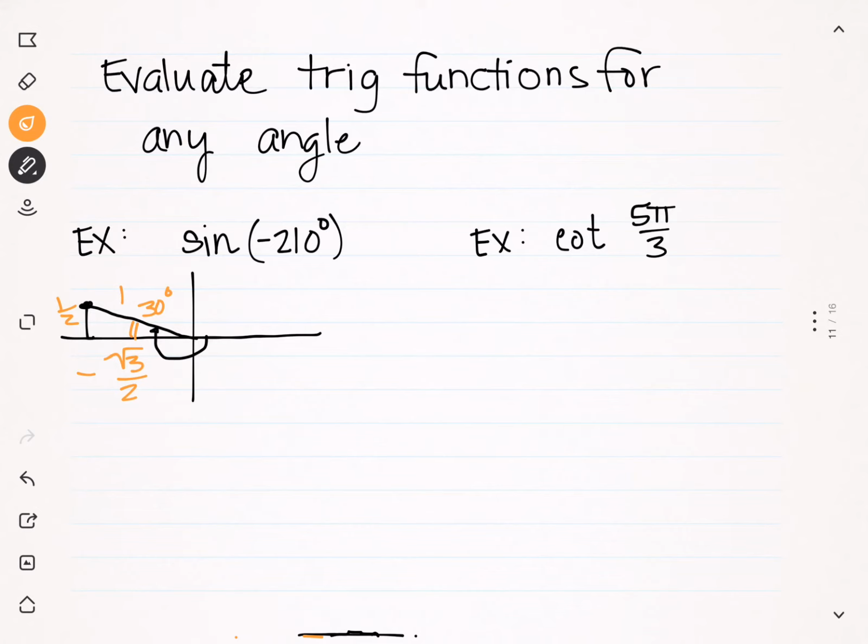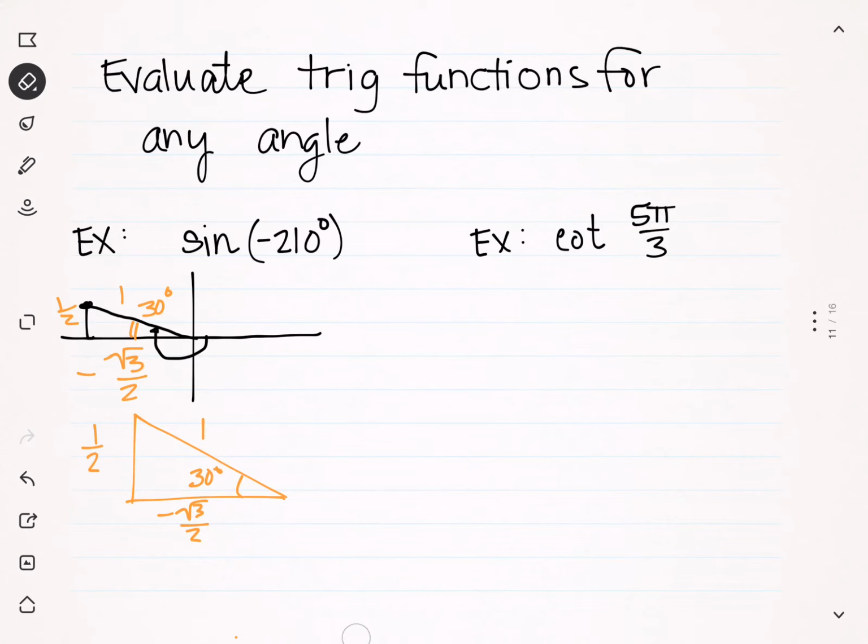So what we're doing is we're solving this triangle here, assuming now our reference angle is this 30-degree angle, and we're going to find the sine.